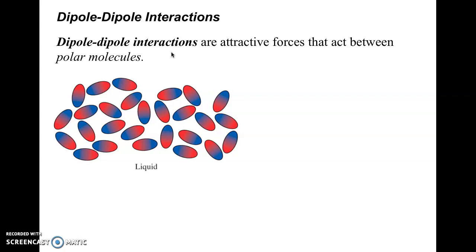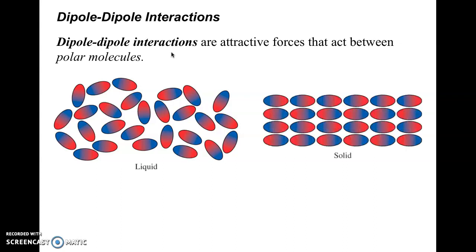The red is the high electron density, so it's got a partial negative charge, and so you see the red and the blue line up. It's a little haphazard, but they line up. Whereas if we look at the solid, we get a nice organized arrangement so that the red and the blue are attracted and lay side by side because the positives and negatives attract one another.